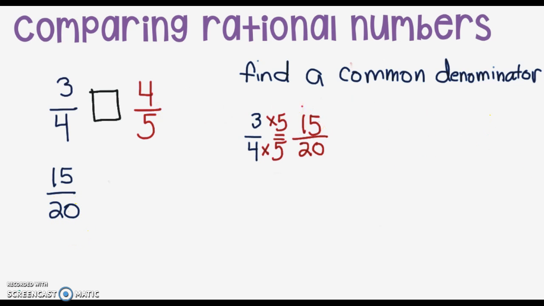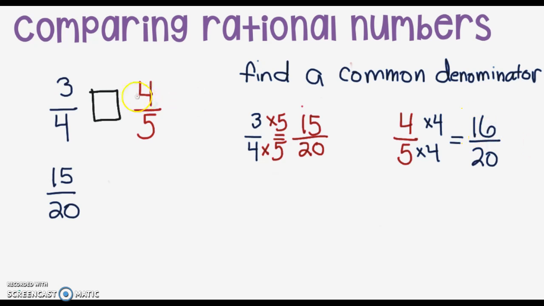Now with 4/5, if I write that down, my denominator was 5, so I'm going to multiply that by the denominator of the other fraction, which is 4, and that's going to give me, again, the denominator of 20. Whatever I do to the denominator, I have to do to the numerator too, to keep equivalent fractions. 4 times 4 is 16.